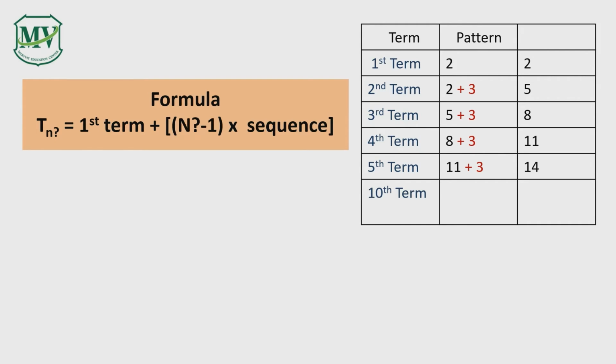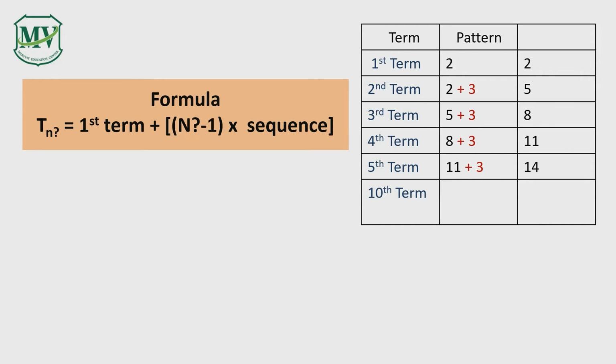Look for the first term plus open bracket, open parenthesis, n, which is our term that we are looking for, minus 1, close parenthesis, times the sequence of the number, close bracket.